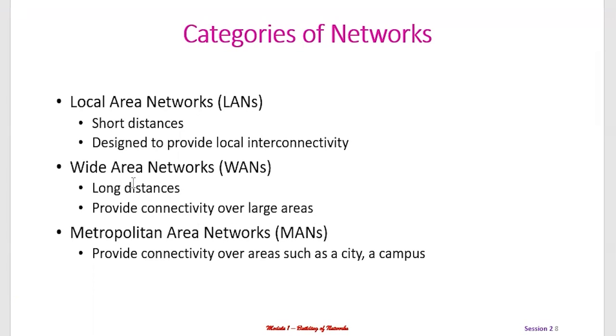Simply, a cellular communication can come under a wide area network, where you have a base station providing longer coverage and connectivity over a larger area. The third category is the metropolitan area network, shortly called MAN. As we said, it provides connectivity over areas such as a city and campuses. So these are the types or categories of networks.